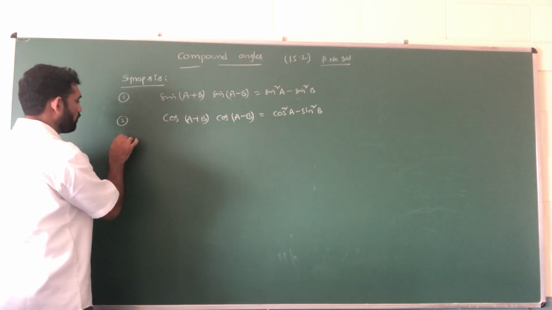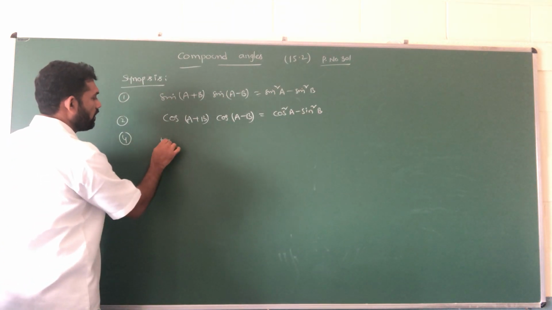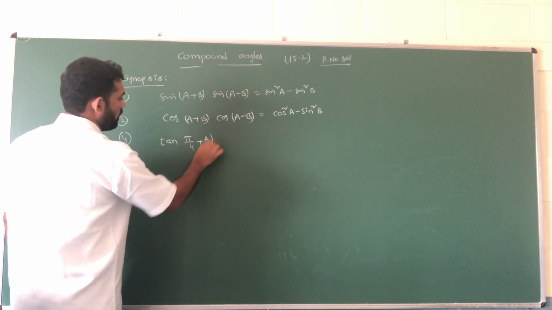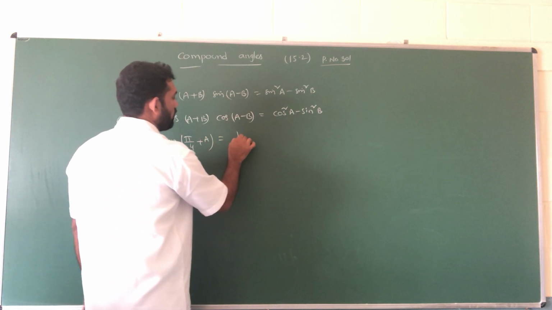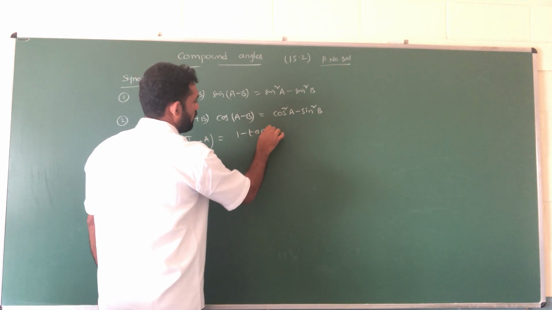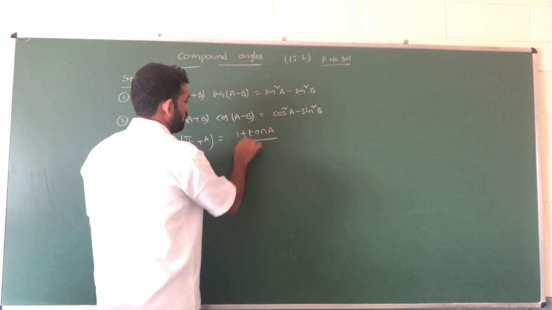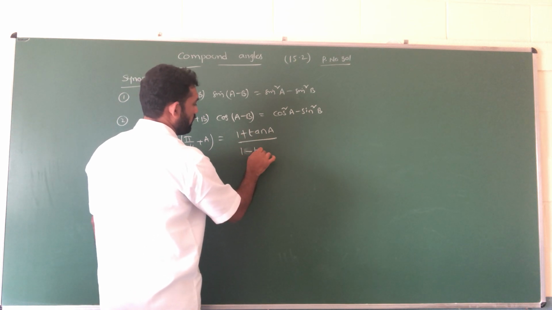Next, fourth one, tan of 5/4 plus a can be written as 1 plus tan a divided by 1 minus tan a.